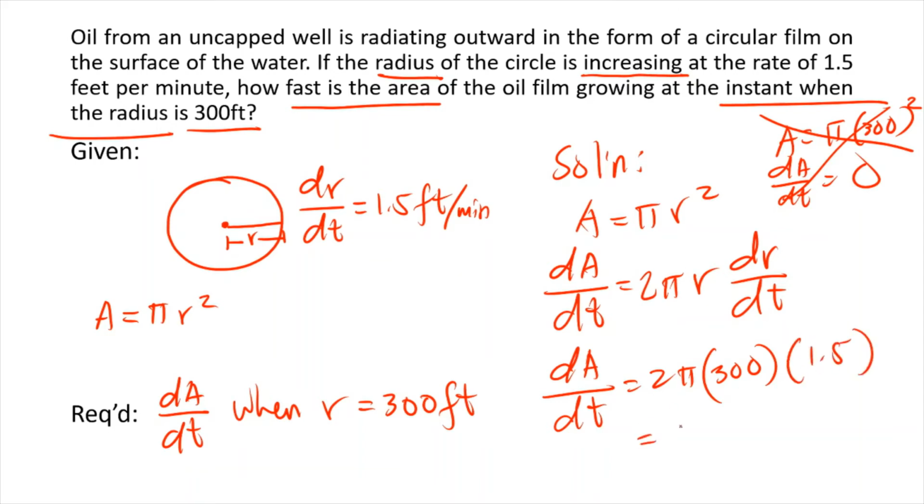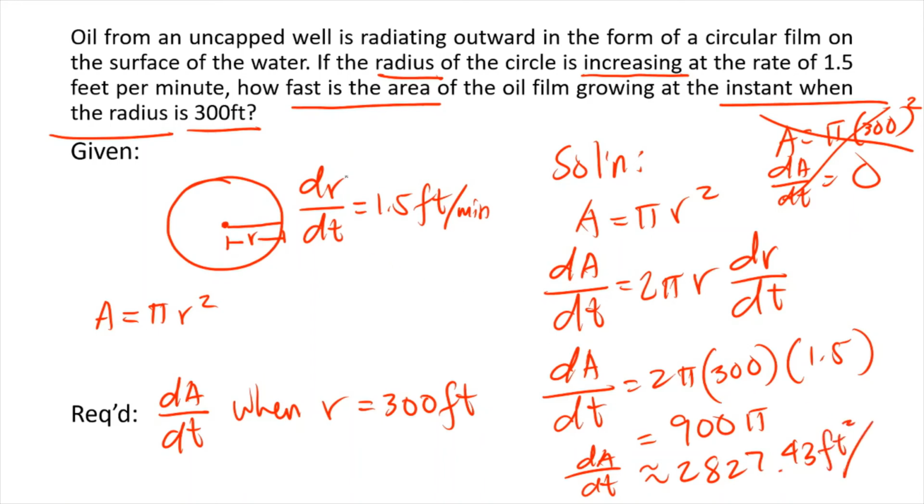This is equal to 900 pi, or that's approximately 2827.43. And then the unit, so we have area over time. A unit of length in the problem is feet, so square feet per unit time. Unit is minutes, or minute.